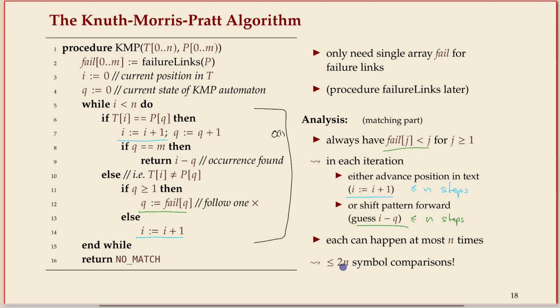So in total, we're doing at most 2n symbol comparisons, where the comparison that we pay for is always at this step. OK? That's the trick in this case. You can't analyze the loop in isolation, but there's these two different paths it can take. And both of these each can only happen n times. So in total, there can only be 2n of them at most.